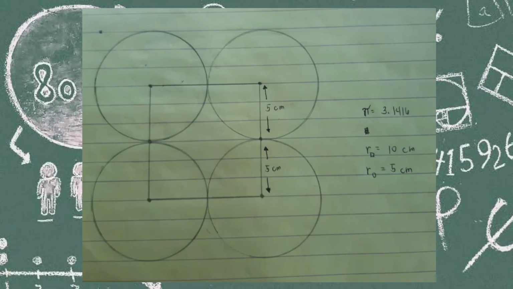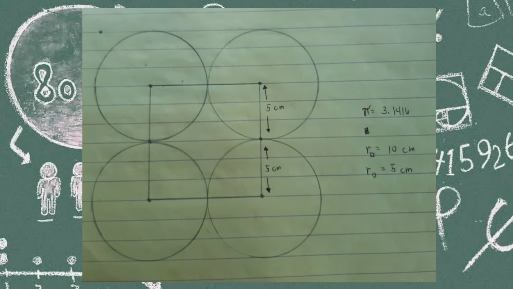To continue, we have here the illustration. So assuming that this is the scenario, we have to inscribe a circle inside the square, but before that, let me introduce to you the measurement or the size of our objects. So, we have from the center point of our circle to the end point 5 centimeters as our radius, and pi is 3.1416.